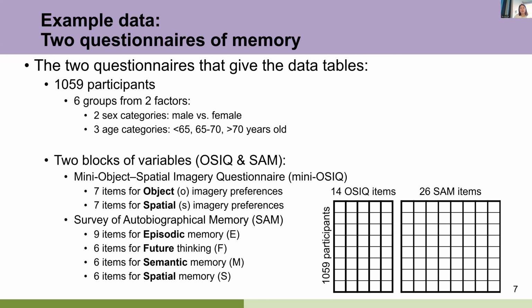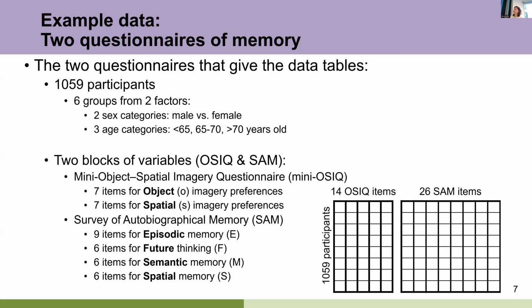For the autobiographical memory survey, you have 4 different sets of items: episodic memory, future thinking, semantic memory, and spatial memory. But what you can see is that they all involve multiple items, multiple variables. And these variables go into different categories as well, measuring something different.